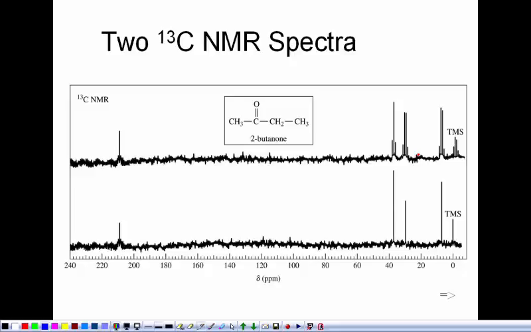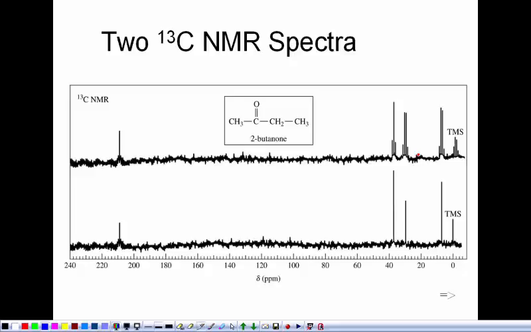So here's a couple of carbon-13 spectra for 2-butanone. If you look at 2-butanone, there are 1, 2, 3, 4 unique carbons. Now, what's new is that the carbonyl shows up because I'm looking at the carbon spectrum, not the proton spectrum. The proton spectrum of this molecule would just have 3 sets of hydrogens, but the carbon has 4.